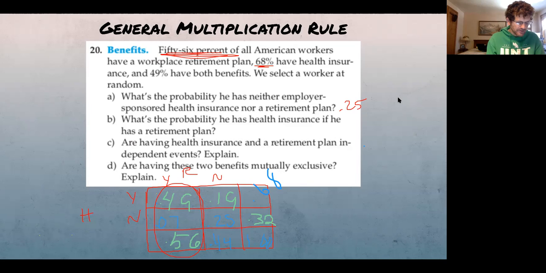It's 49% out of 56% does give you the 0.875. The idea here is if I only looked at that 56% of the population, I randomly drew someone, I'd have an 88% chance that that person also has health insurance, if that wasn't clear before. So I'll go ahead and write that in, 0.875, and maybe I can just put over here on the side, 0.49 out of 0.56.